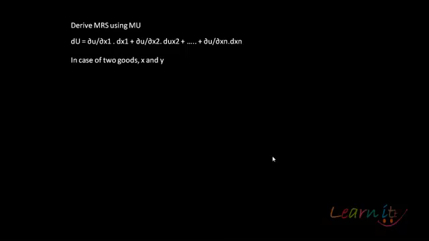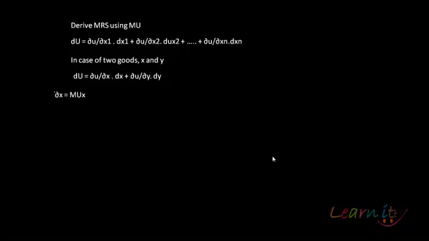Now suppose there are only two goods, x and y. In that case, how would you write the total differential? It will be written as du is equal to del u by del x into dx plus del u by del y into dy.